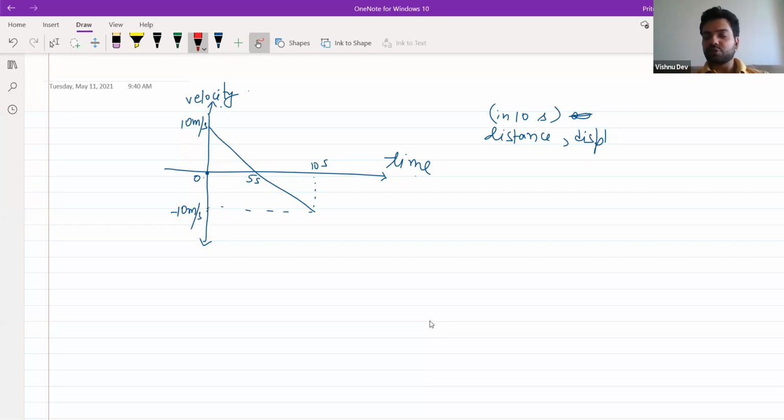Most of you, I am getting displacement as 0. And Varsha, check the calculation once again for distance.